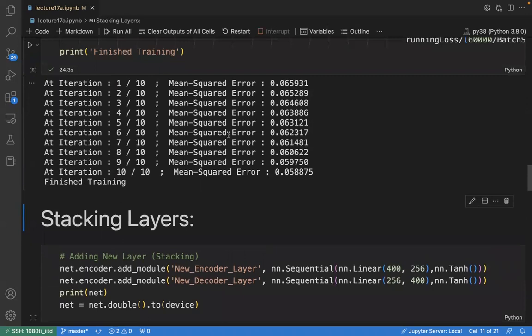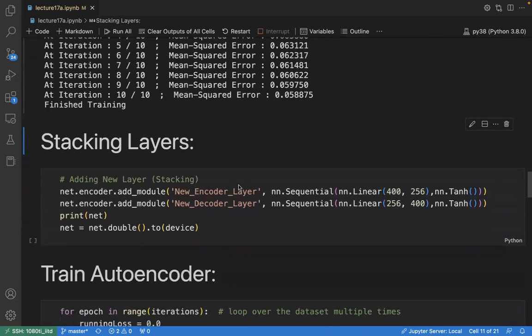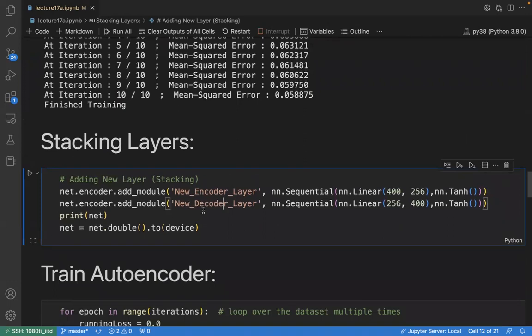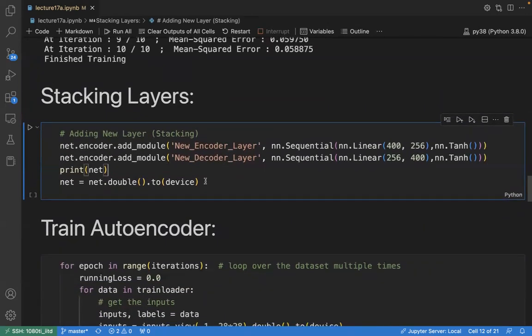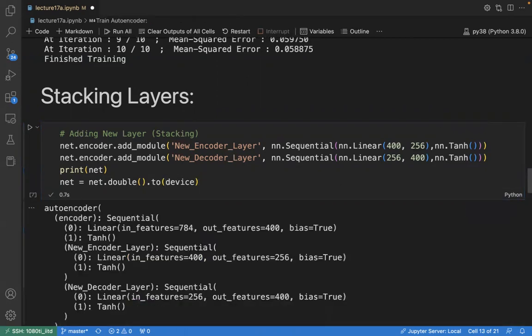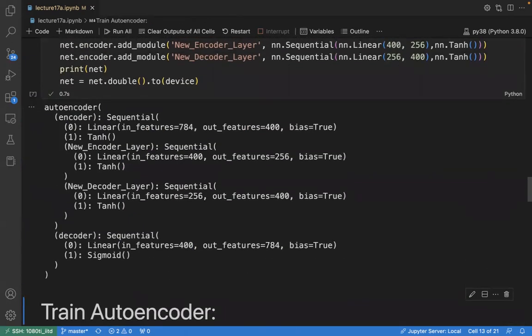Up to this point, it is the normal autoencoder that we ran earlier, and we saw the reconstruction scores and the weights in the last class. Now we'll be adding a stacking layer. The stacking layer means we're adding another two layers in the encoder and decoder sides. Let's see how it looks after adding these layers.